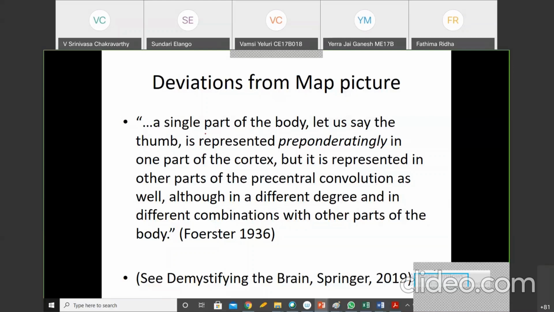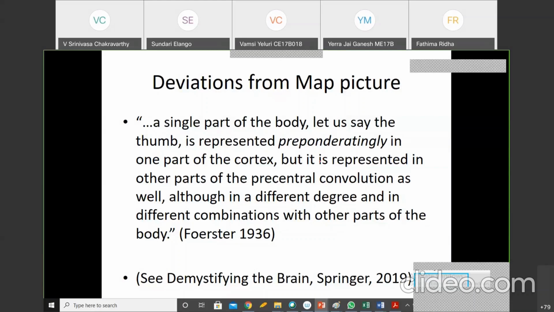So he says that a single part of the body, let us say the thumb, is represented preponderatingly, that is primarily, in one part of the cortex, but is represented in other parts of the precentral convolution as well, although in a different degree and in different combinations with other parts of the body. To make it concrete, if you want to control your thumb, it is not being controlled just from one point in the motor cortex.